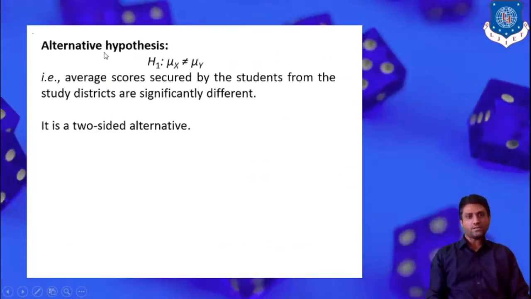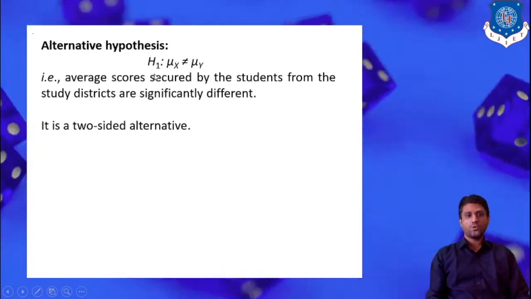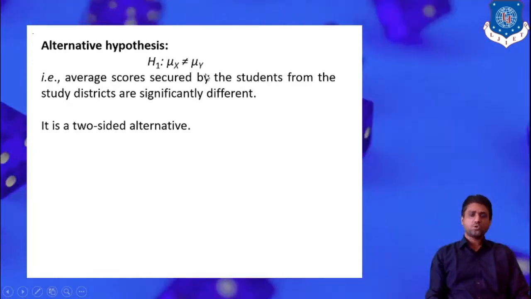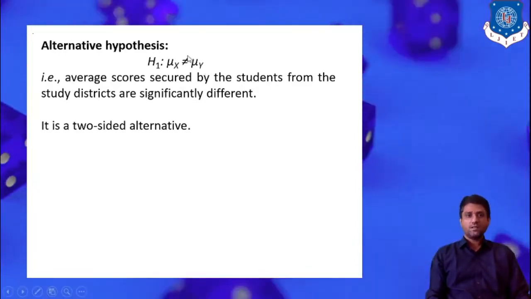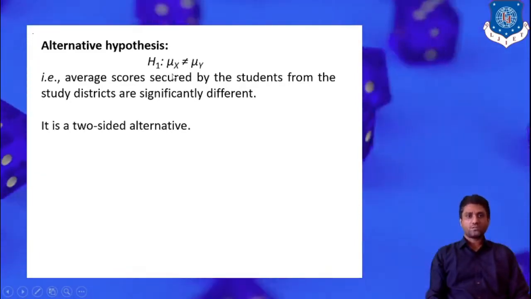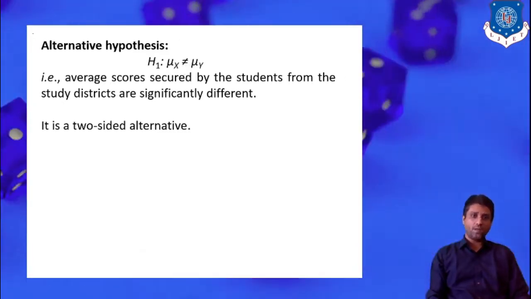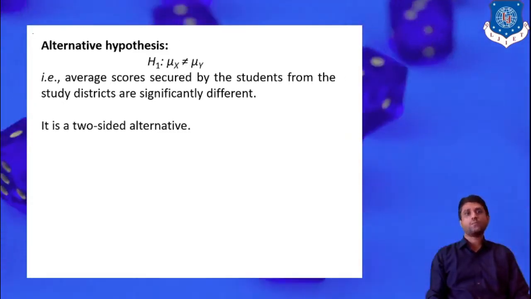Next, against the null hypothesis, we have to assume an alternative hypothesis, say mu x is not equal to mu y. See carefully what our null hypothesis is: the averages of both districts are not different. So the alternative is that it may be less than, it may be greater than.